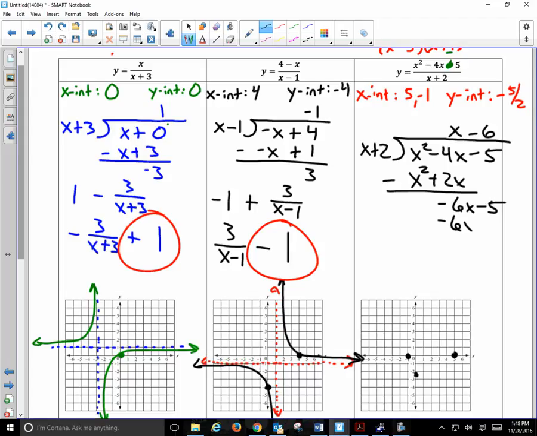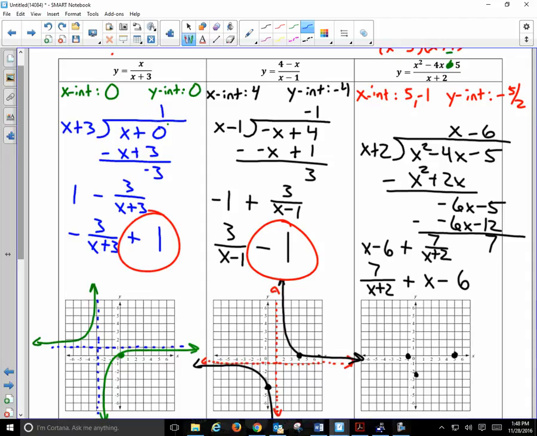So a -6x minus 12. Subtract those and we get 7. So you have x minus 6 plus 7 over x plus 2. Or 7 over x plus 2 plus x minus 6.